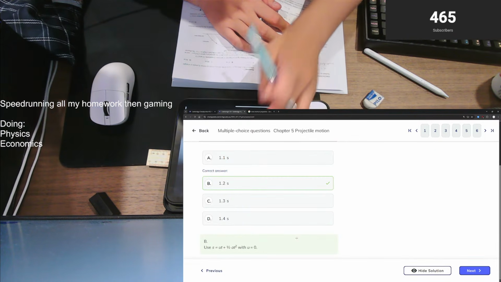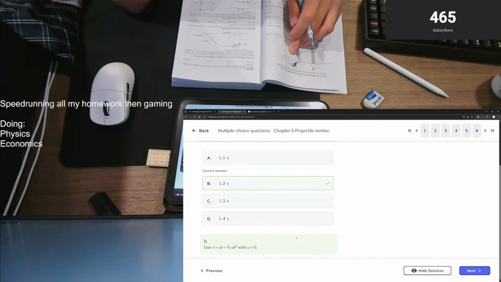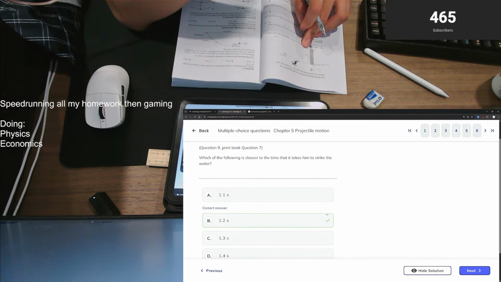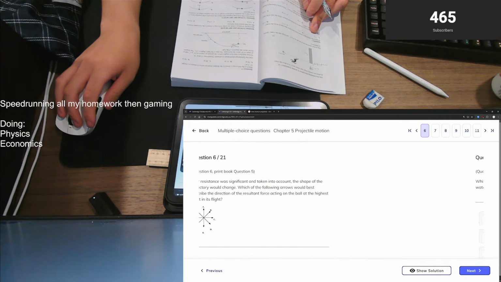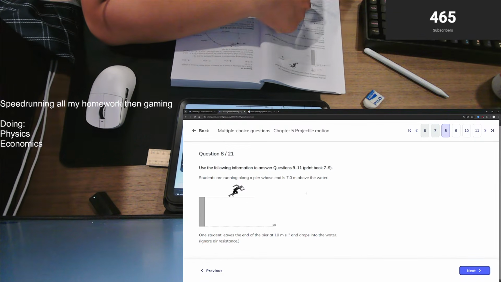How do I know the vertical initial velocity is 0? How is the initial 0?